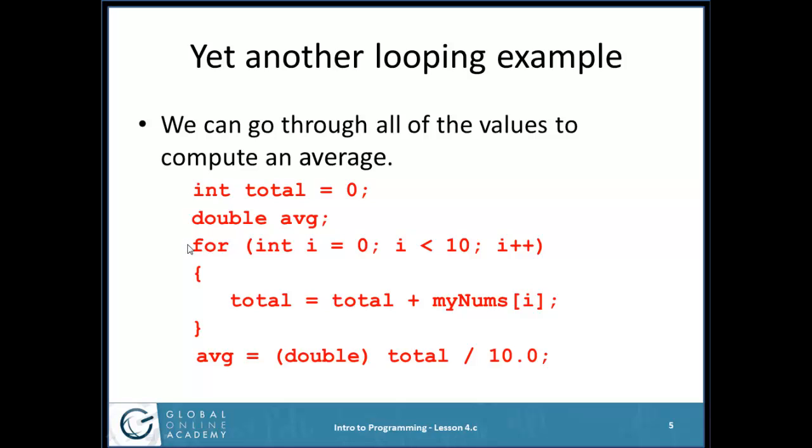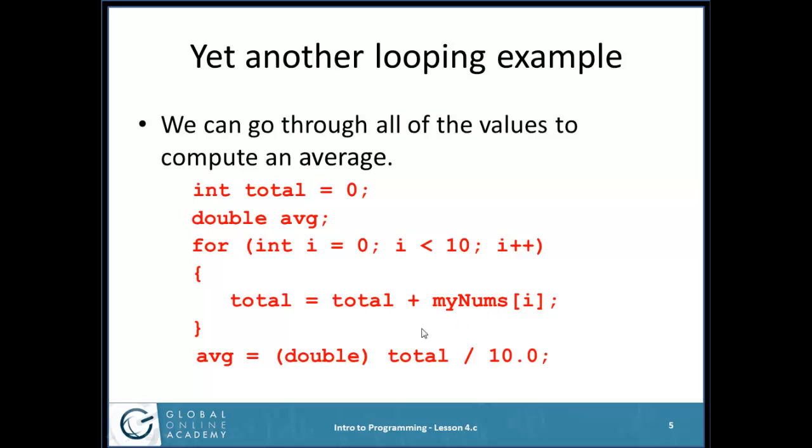You should really recognize this for loop by now: int i equals 0, i less than 10, i plus plus. And inside the loop, all I do is total equals whatever total used to be plus element number i of my nums. By the time I go through this for loop 10 times, my total will now be accurate.